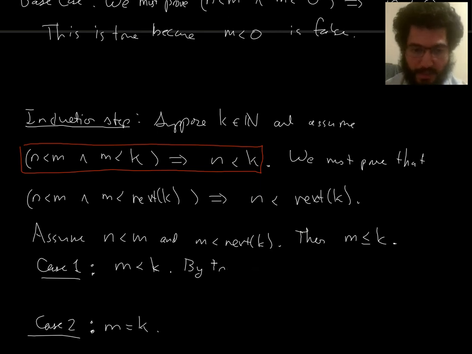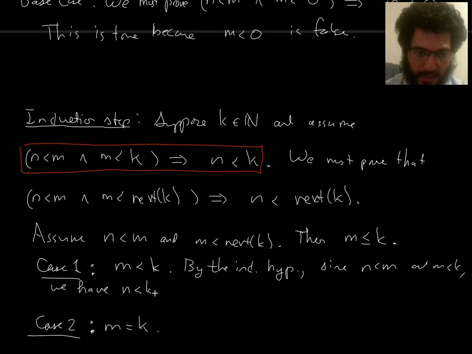So let's see, by the induction hypothesis, since n is less than m, we have that there, and m is less than k, that's the case assumption, we have n is less than k. Yeah, so our goal is proving n is less than next k. How do I go from n less than k to n less than next k?